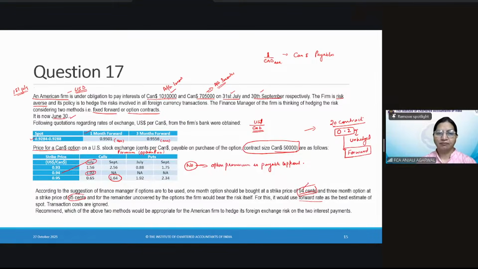But generally, the amount of option premium may not be too significant to make an impact on the interest cost. Under the forward contract, there was no premium, so the total outflow is exactly after 1 month and exactly after 3 months. But under the option, the premium is payable upfront.